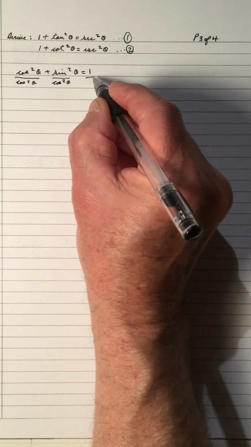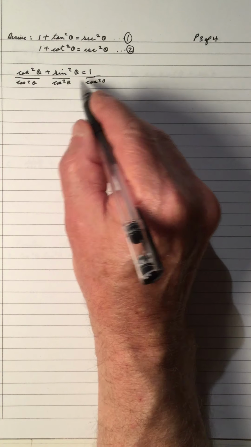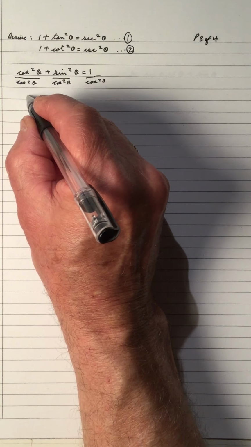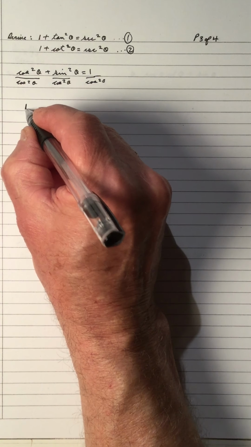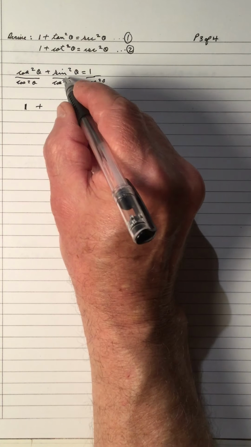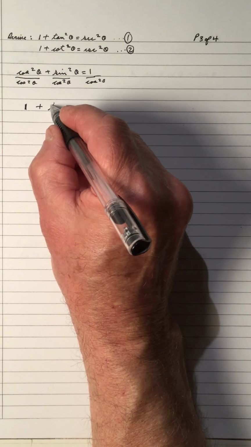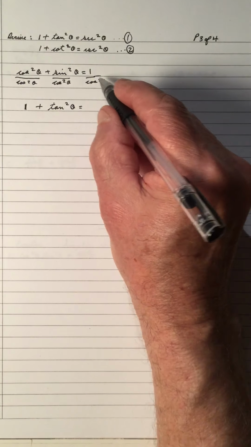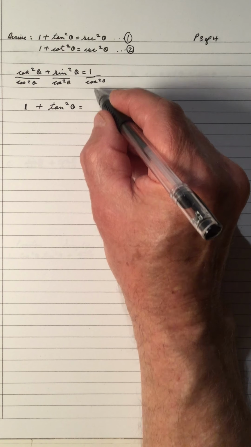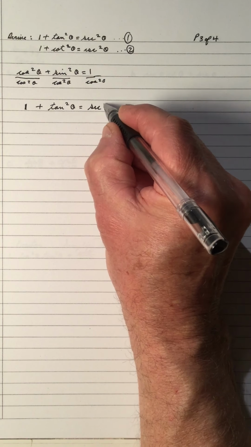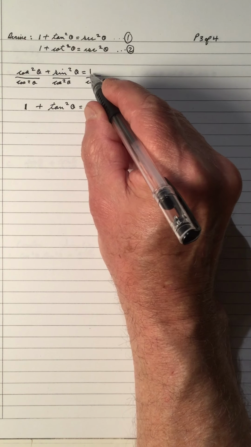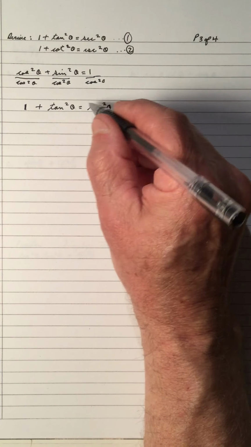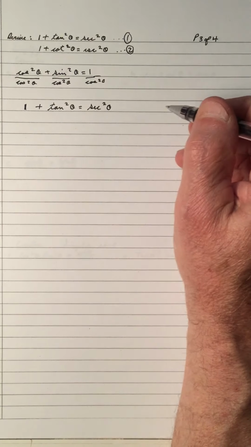So I'm dividing all parts of this equation by cos squared. That keeps it balanced. Notice that cos squared over cos squared becomes 1. Sine over cos is tan. So it's tan squared. And this is 1 over cos. 1 over cos is secant. So it's squared. So it's secant squared. So 1 plus tan squared is secant squared.